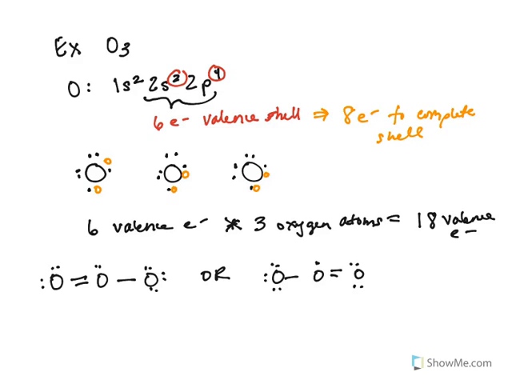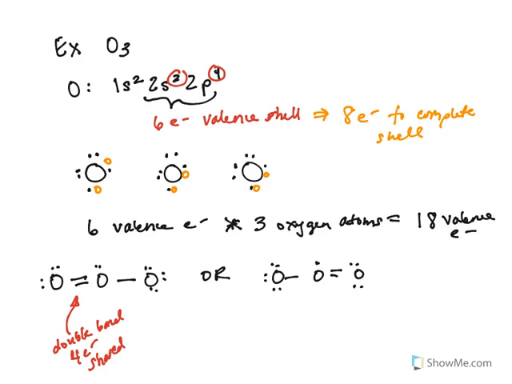So what we have here now, in order to get each oxygen to have valence electrons equal to 8, I had to use double bonds. So right here, this is a double bond between the two oxygen atoms, and each line represents 2 electrons shared. So there are a total of 4 electrons shared between those 2 oxygen atoms. So we can have single bonds, we can have double bonds, and sometimes you'll even see triple bonds.